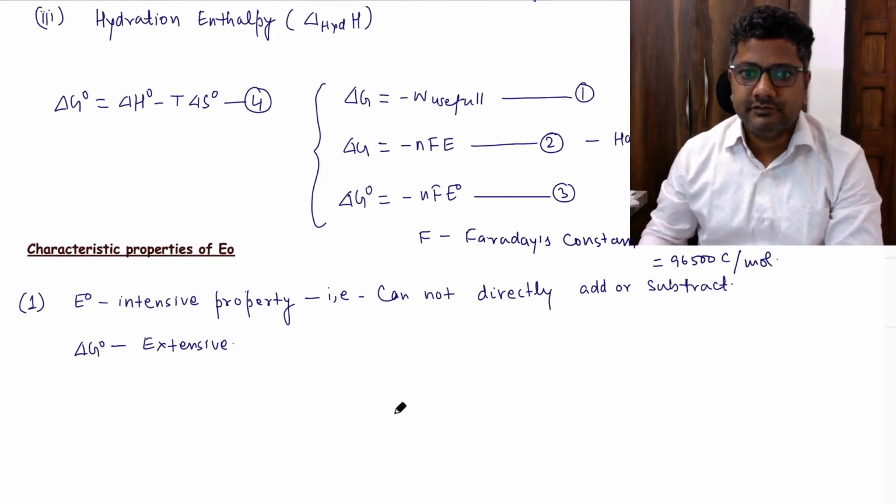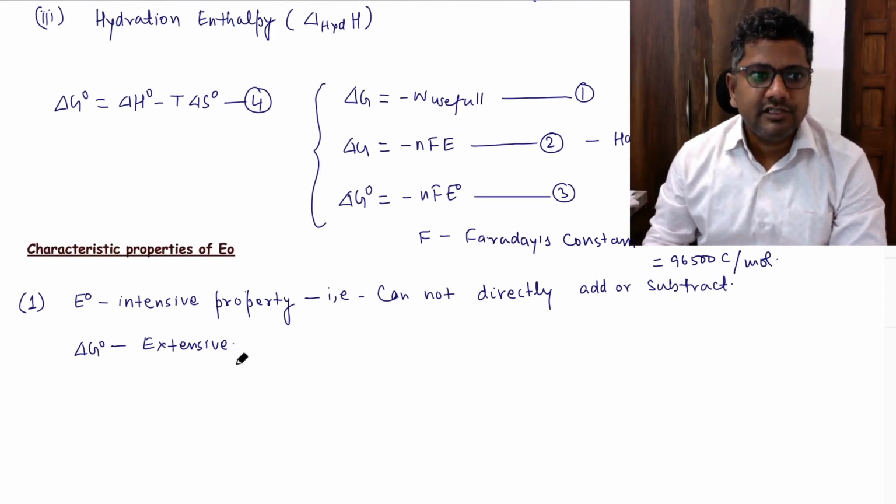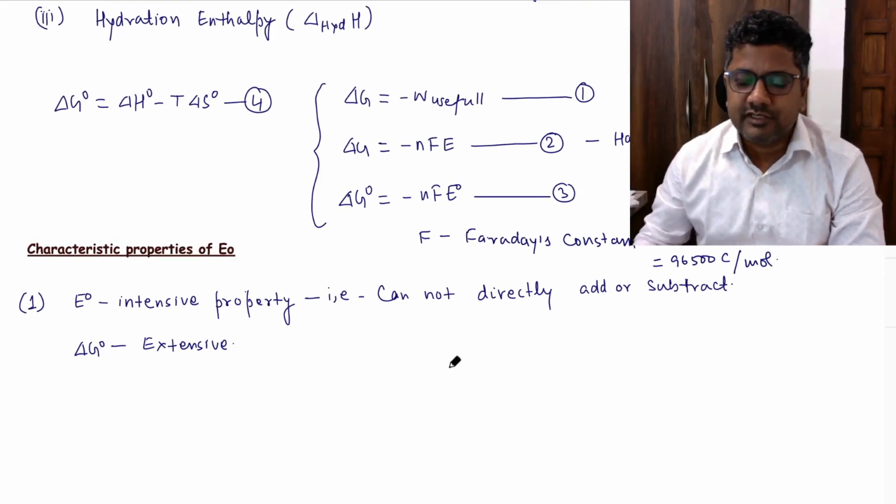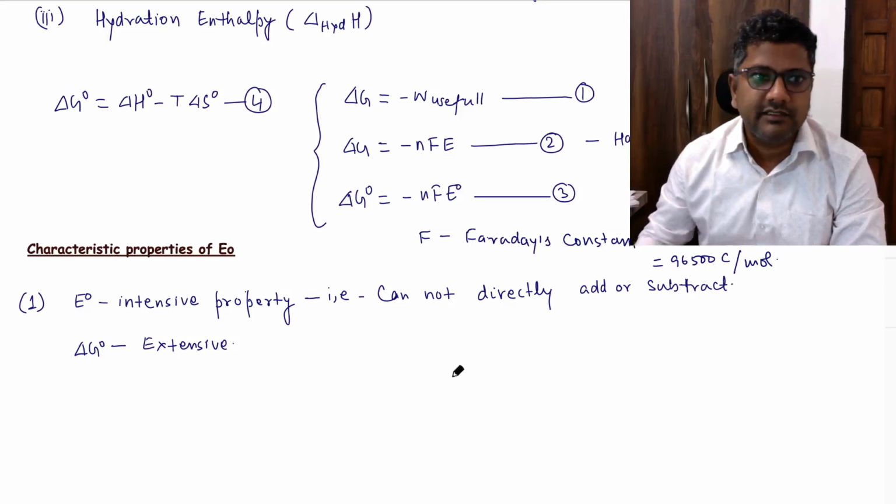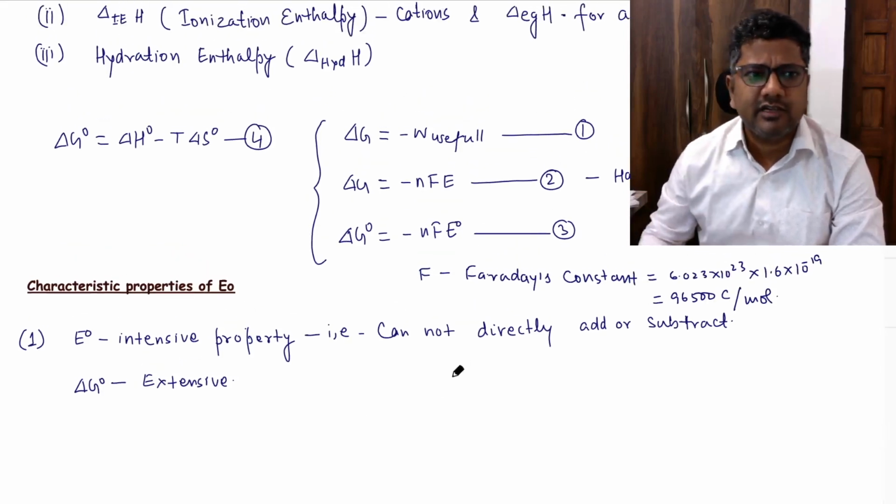So delta G naught is extensive. So suppose you have a question like this, a very important question, and this is based on this concept only.